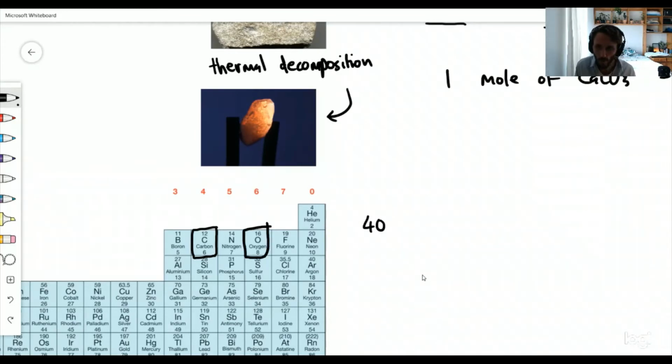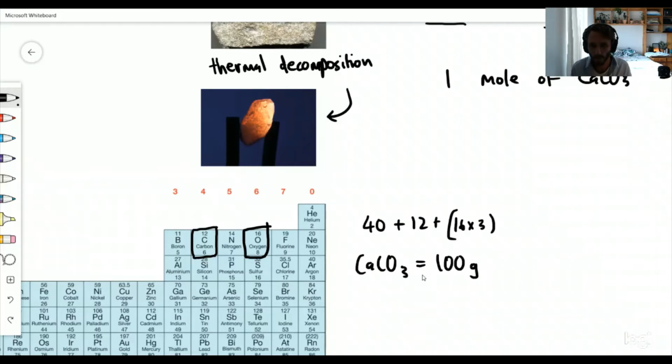So you've got 1 calcium, which is 40, plus 1 carbon, which is 12, plus 3 oxygens, 16 times 3. Let's quickly crunch this in my calculator, always good to get things accurate. So calcium carbonate's relative formula mass is 100 grams.